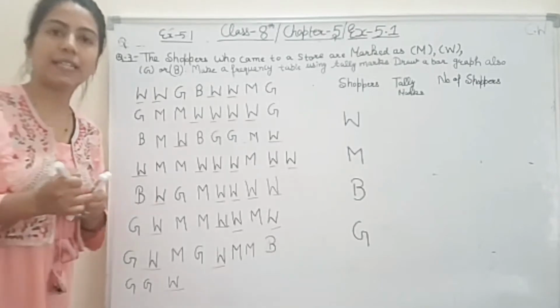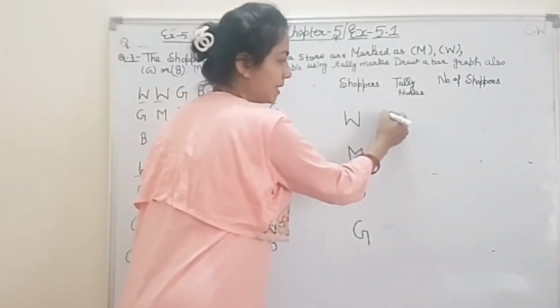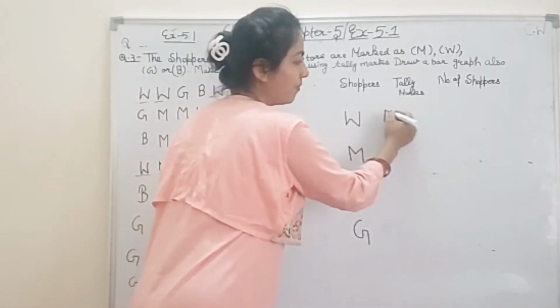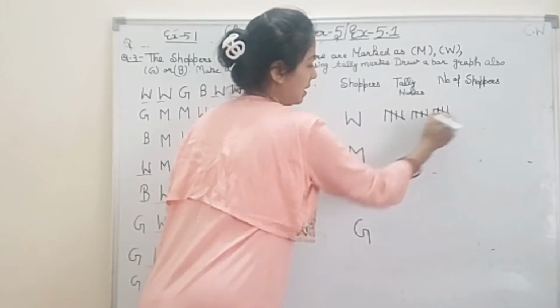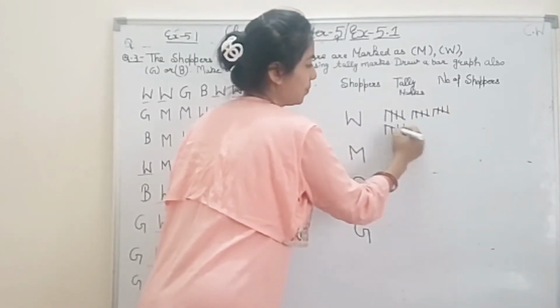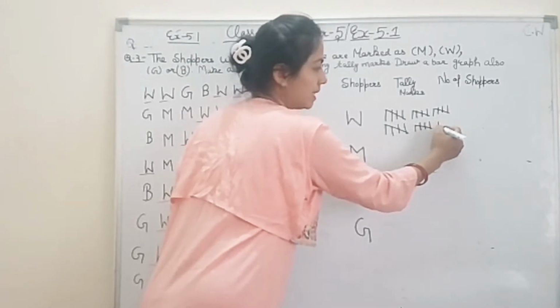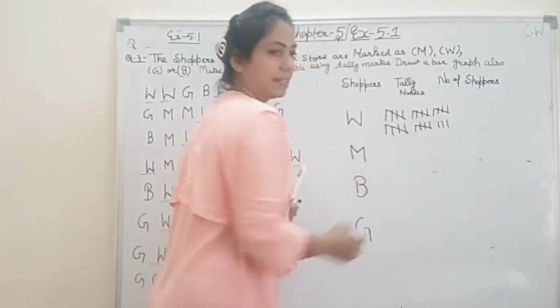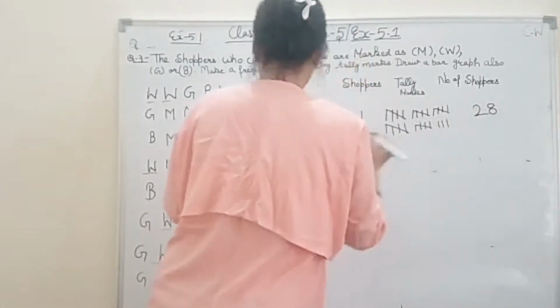So how many women are there? 28. So we will make the tally marks using lines, and it means the number of shoppers is 28.